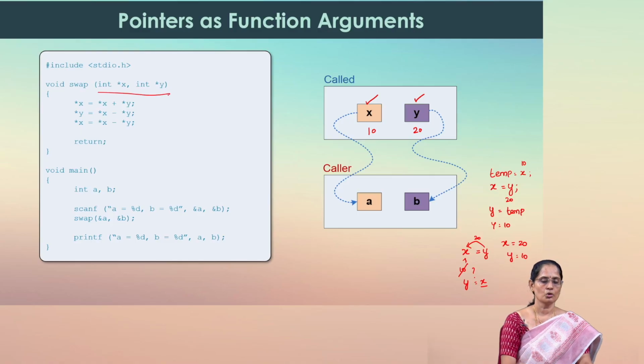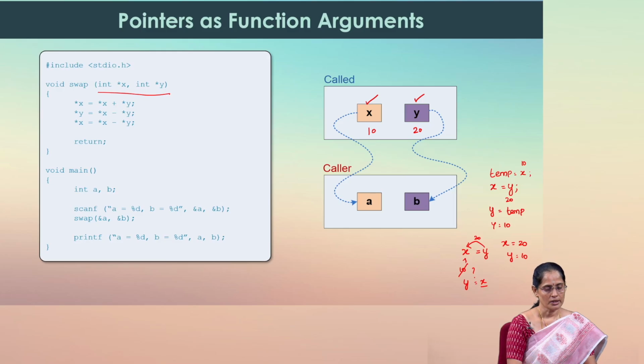Now, if we are using pointers, we can get this swapping done even without a temporary variable, okay. How could that be done? We can pass the pointers as function arguments. Here we are passing two pointers as arguments to the swap function, right.